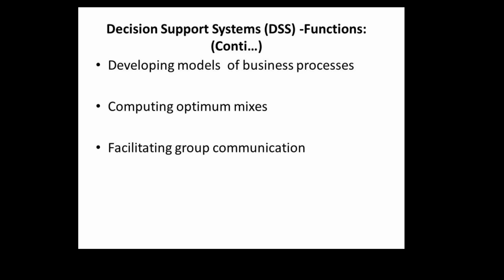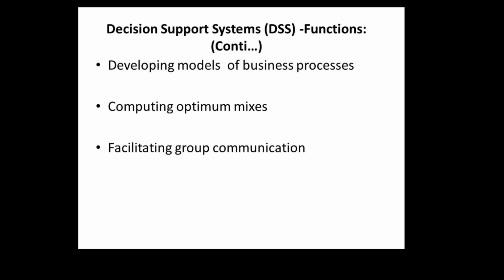Next one, facilitating group communication. It means DSS application software often involves a group, as frequent decisions are made by such a group. A group must have a common understanding about any particular business problem.